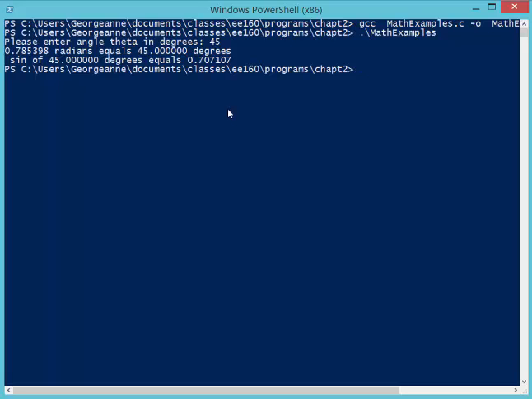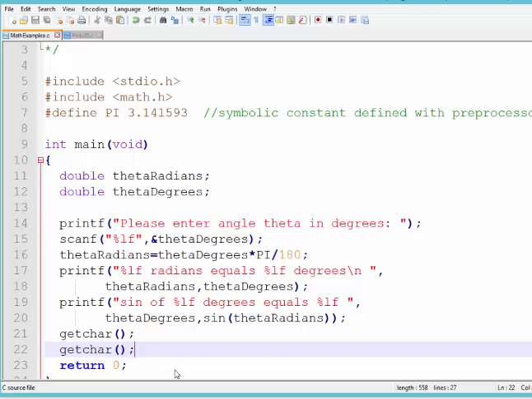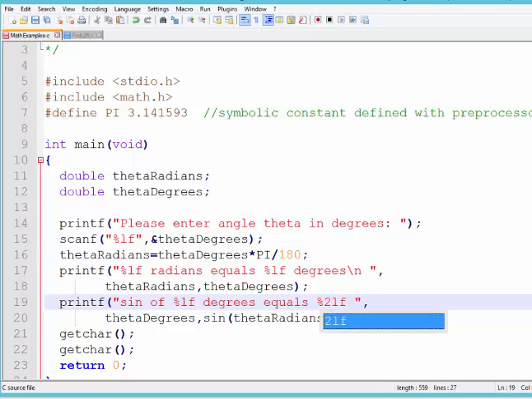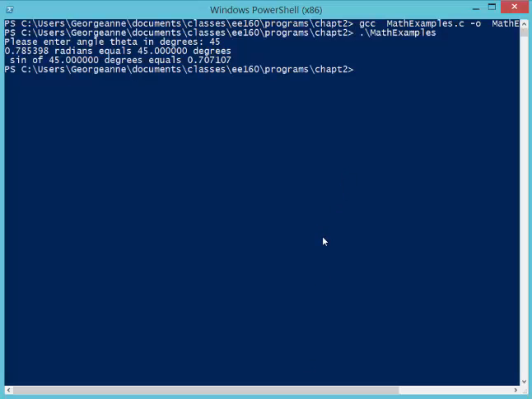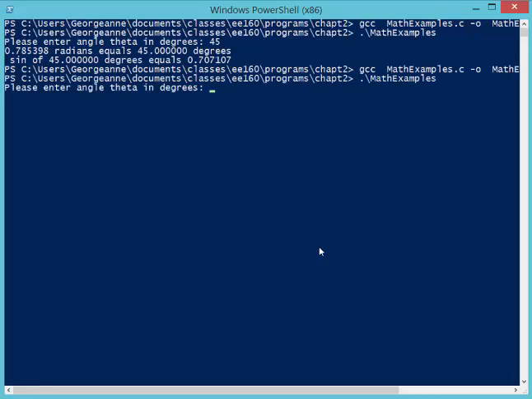Now let's say I wanted more precision in that answer. I could have output something like 2.15, let's make it big. So let's compile and run it, see what happens. I'm going to use 45 degrees again.